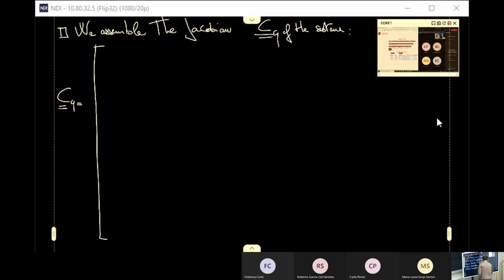Okay, so it's like this. It's 11 rows, and then we have 12 columns. Why 11 rows? The 11 rows are the constraint equations, so every row is a constraint. And 12 columns because they have to be expressed in terms of the 12 generalized coordinates.